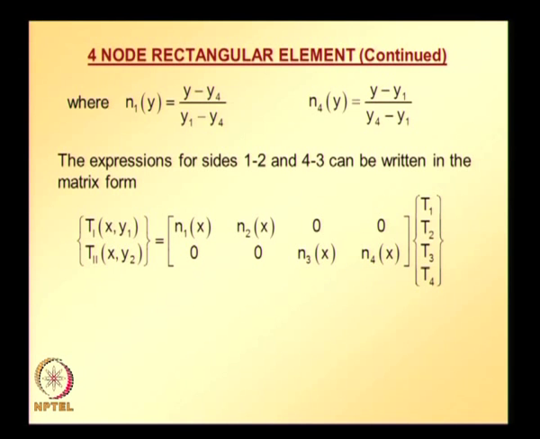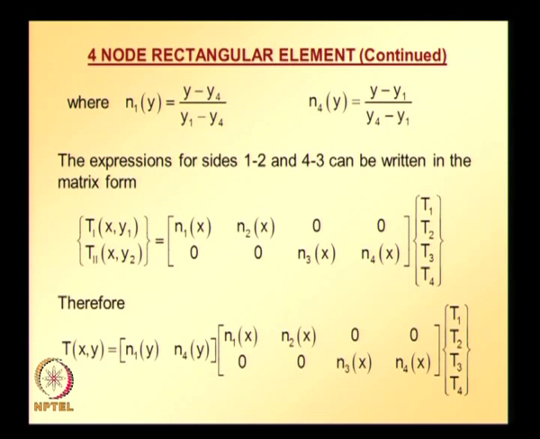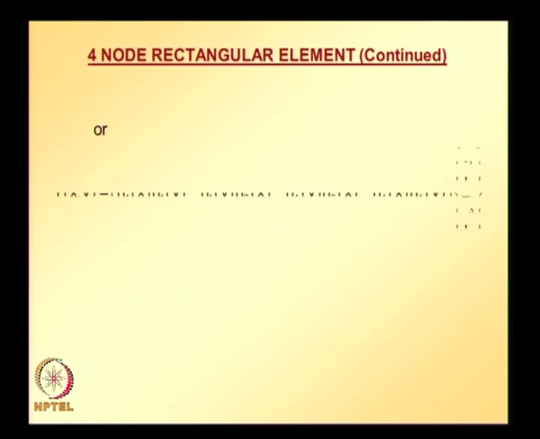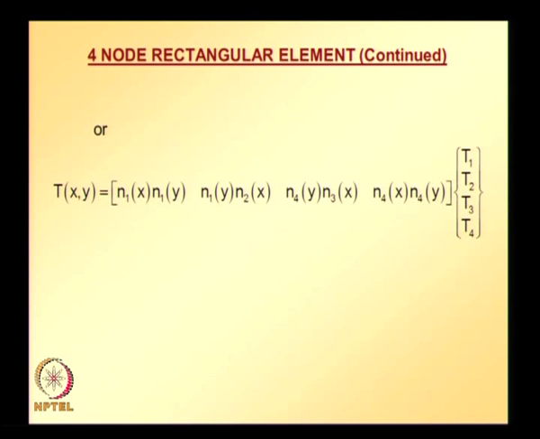So, substituting the T1 T2 vector into the previous equation, we get this one. So, carrying out multiplications of the n1 n4 vector with the matrix containing n1 n2 0 0, 0 0 n3 n4, we get this, which can be compactly written like this.